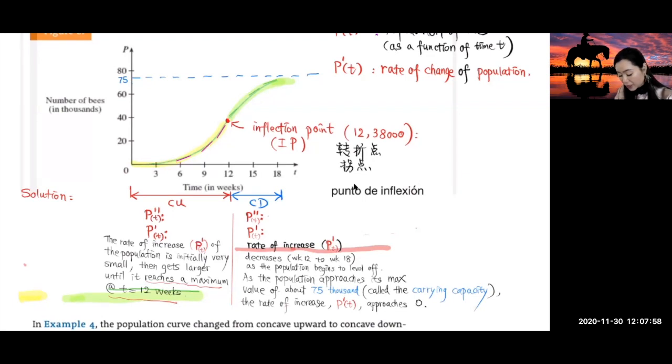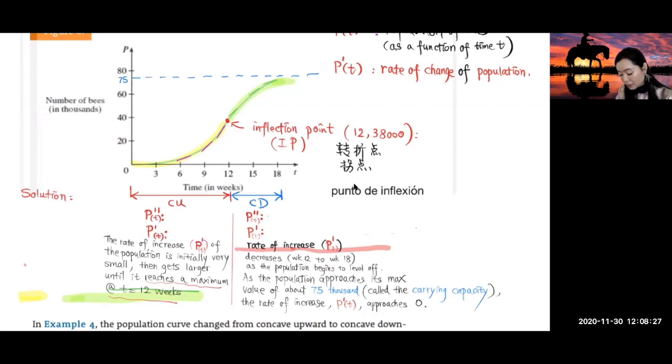So the first derivative was first kind of small and then later on increased. Which means that the rate of change of the population first is kind of small, and then later on it gets larger, okay?